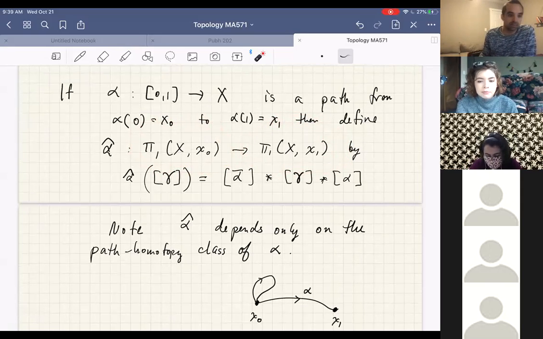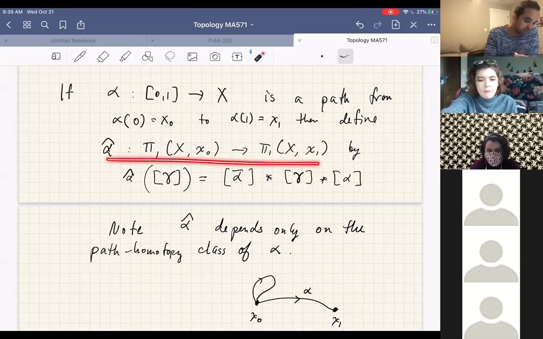So that's a claim. Can anyone tell me what the inverse would be? The inverse of this isomorphism is given by what?